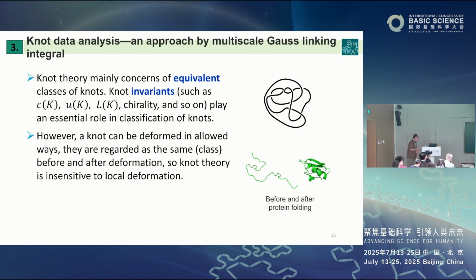However, a knot can be deformed in a lot of ways. They are regarded as the same class, unchanged, before and after deformation. So knot theory is insensitive to local deformation.